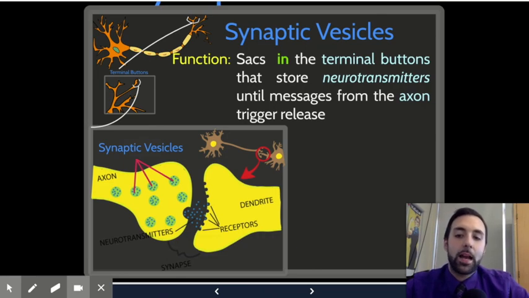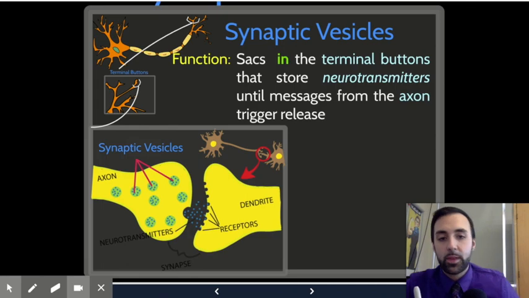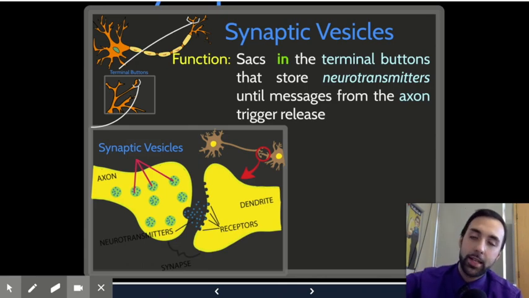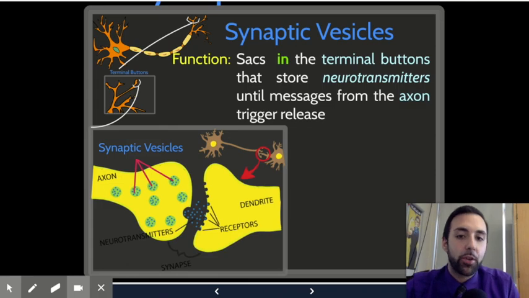But as I referenced, synaptic vesicles are in the terminal buttons, little sacs or pods, and inside of them you will find neurotransmitters. We'll talk all about what exactly those neurotransmitters do in the upcoming essential tasks. But these neurotransmitters hang out in the synaptic vesicles until a message that started at the dendrites and went through the axon reaches the end of the neuron, the terminal buttons of a neuron.